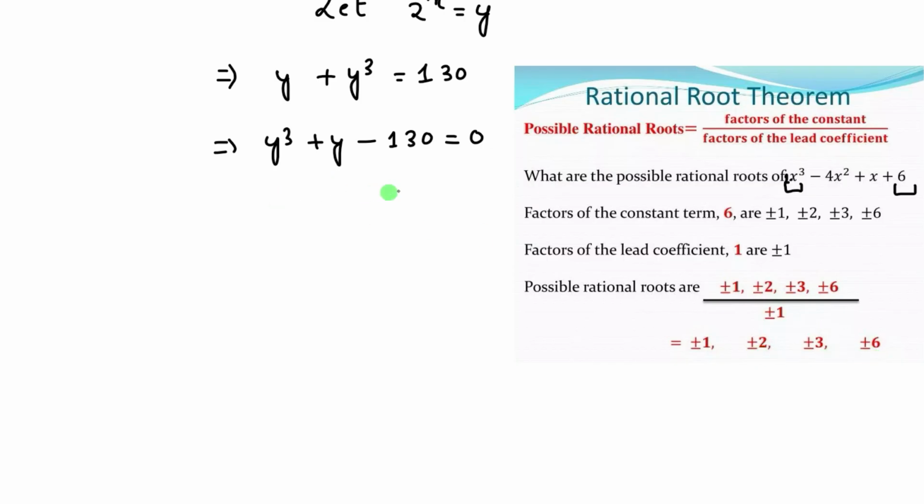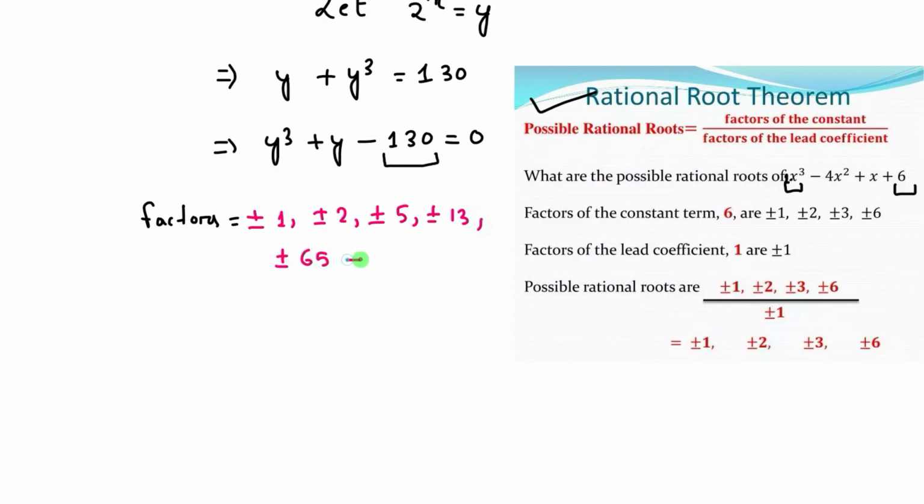We'll apply this rational root theorem to our polynomial as well, in order to find the possible rational roots. For this polynomial, the constant is minus 130. The factors of 130 are plus or minus 1, plus or minus 2, plus or minus 5, plus or minus 13, plus or minus 65 and plus or minus 130.